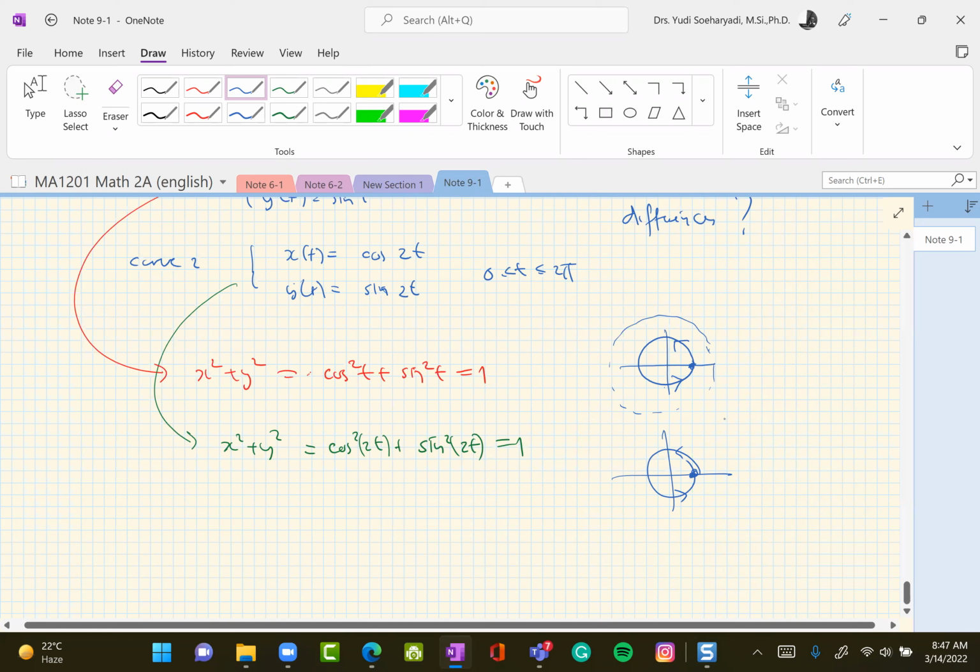Hello? Is there anyone there? Yes, sir. What's the difference? Do you see any difference? The picture is exactly the same. You have the same initial point, the same endpoints, the same direction.